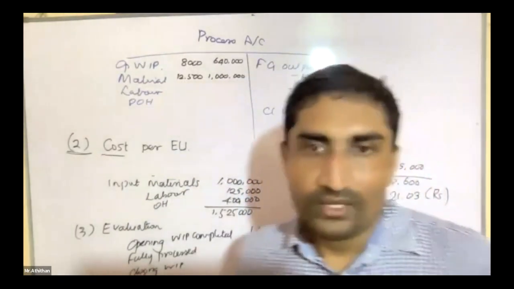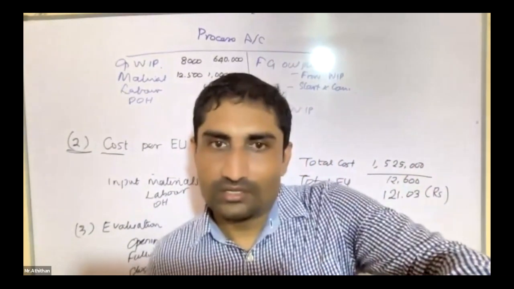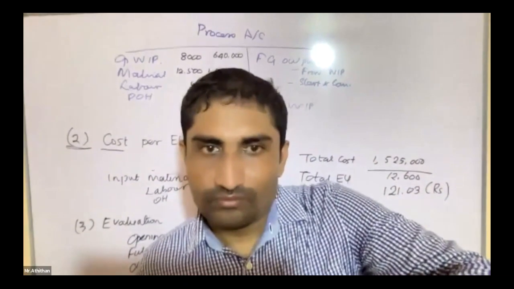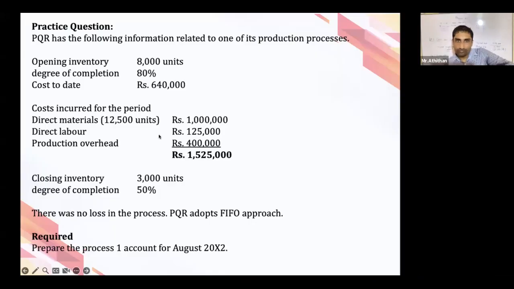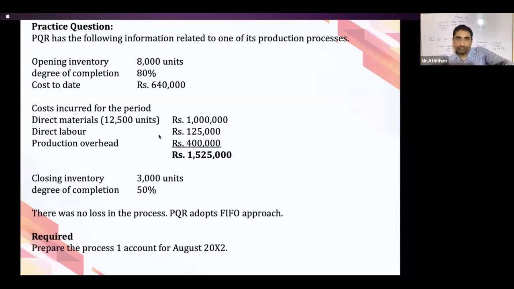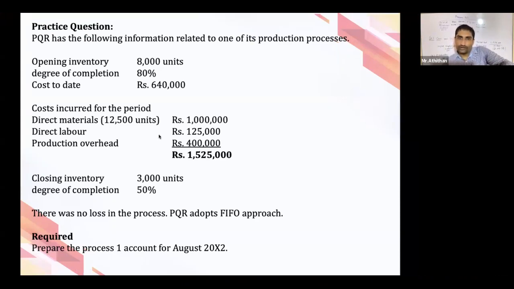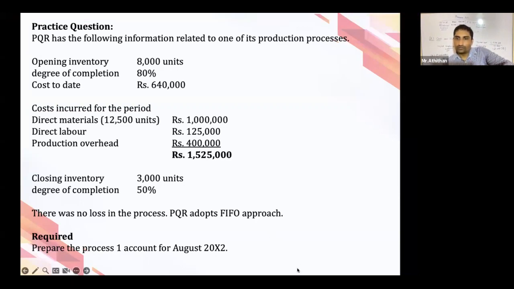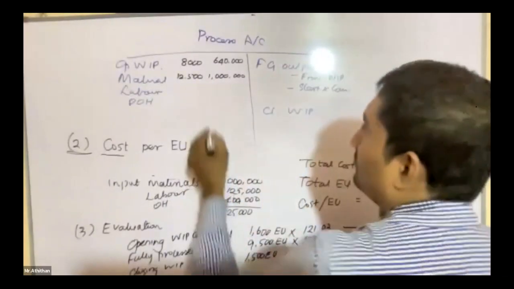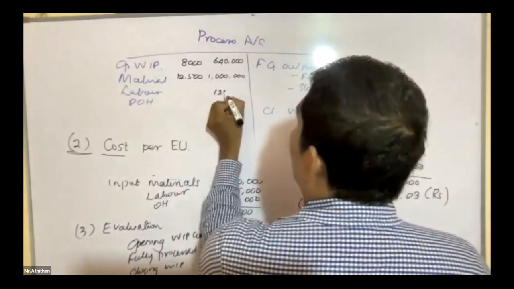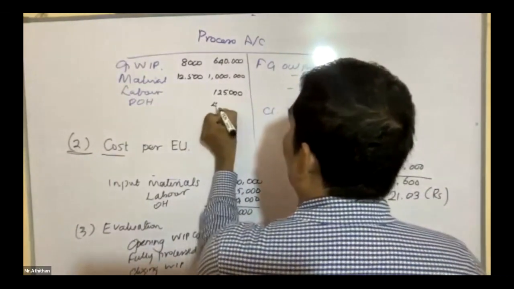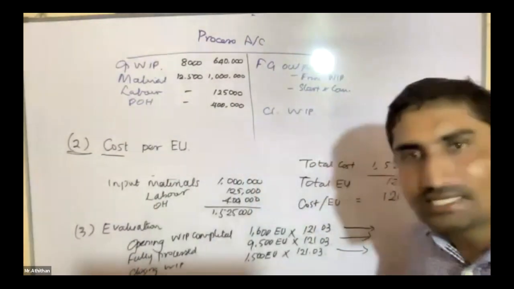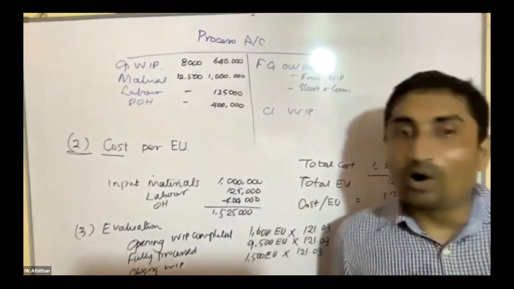Next, direct labor, 125,000. Production overhead, 400,000. We don't have units for these.